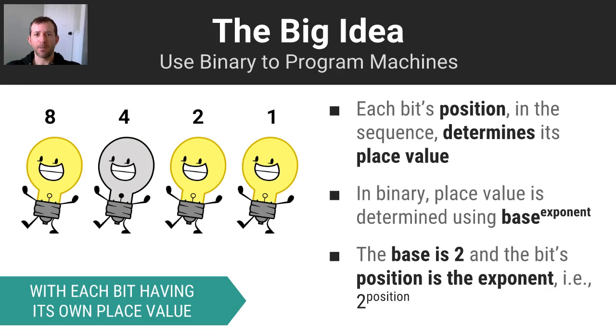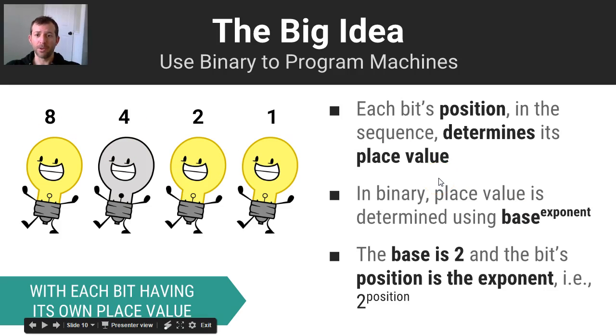The first thing we need to talk about is that the place value in binary is determined differently. You're used to this being the 1's place, the 10's place, the 100's place, the 1000's place. But that doesn't work in binary. Because remember, the place value is determined by the base and the position of the symbol. Since the base of a binary system is 2, each one of the place values is going to be different.